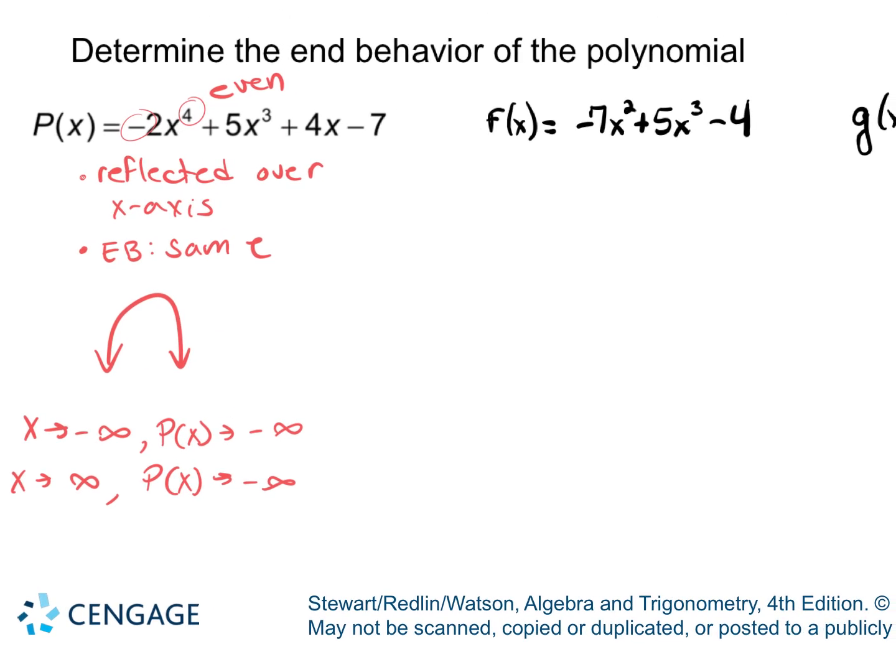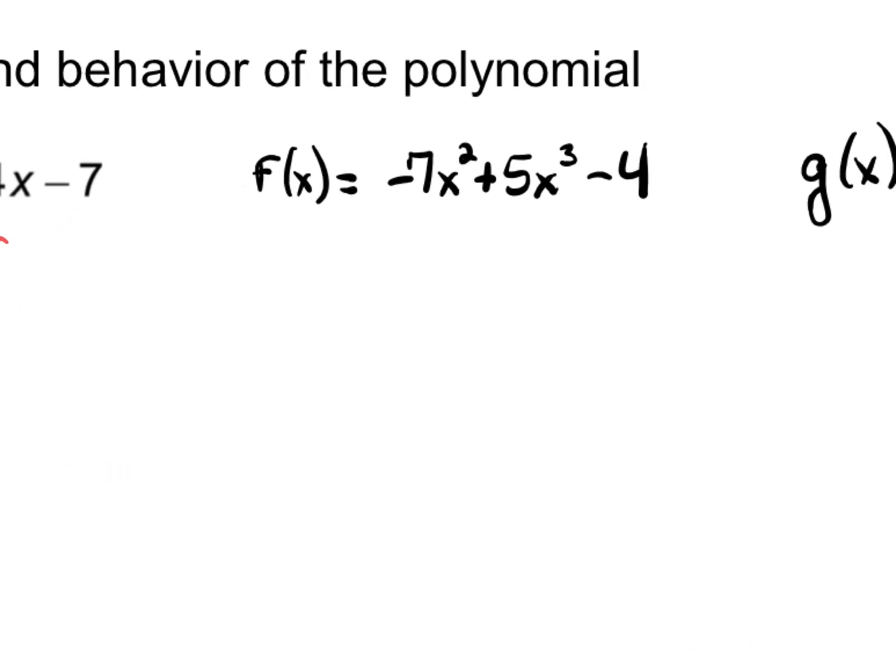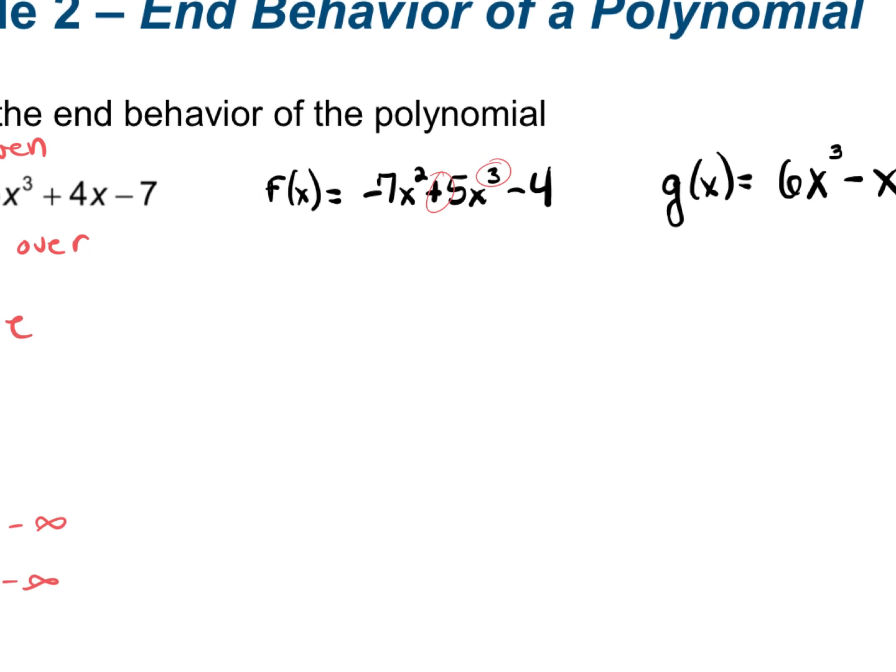Now let's look at the next one. We have a negative. Actually, no, ignore that. Our highest degree is 3, and it's a positive. So the end behavior is going to be opposite. Usually the end behavior for an odd positive is going to look down, up. So it's going to fall left, rise right.